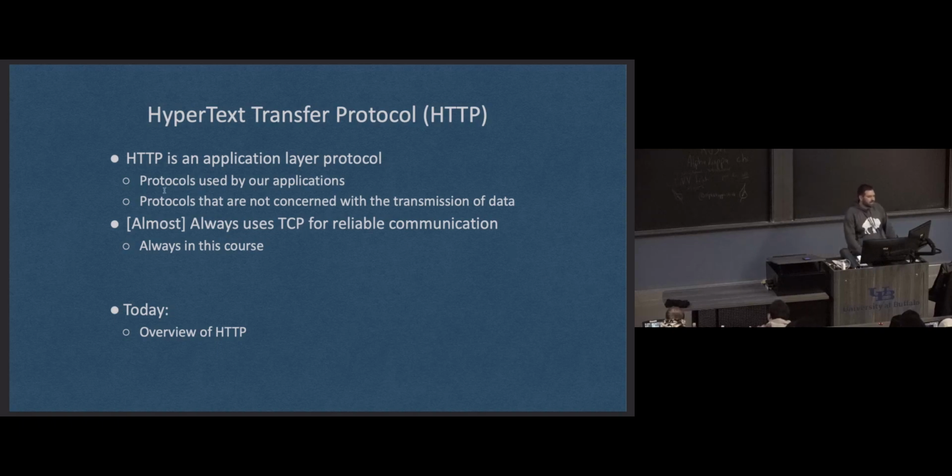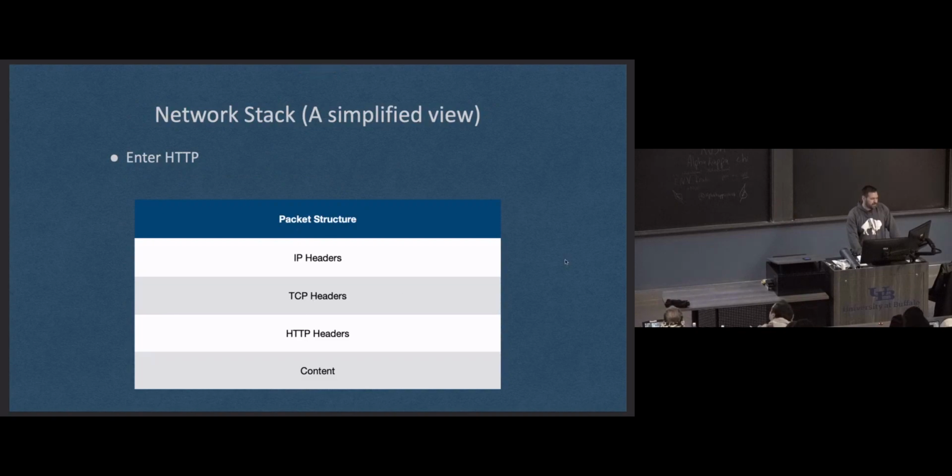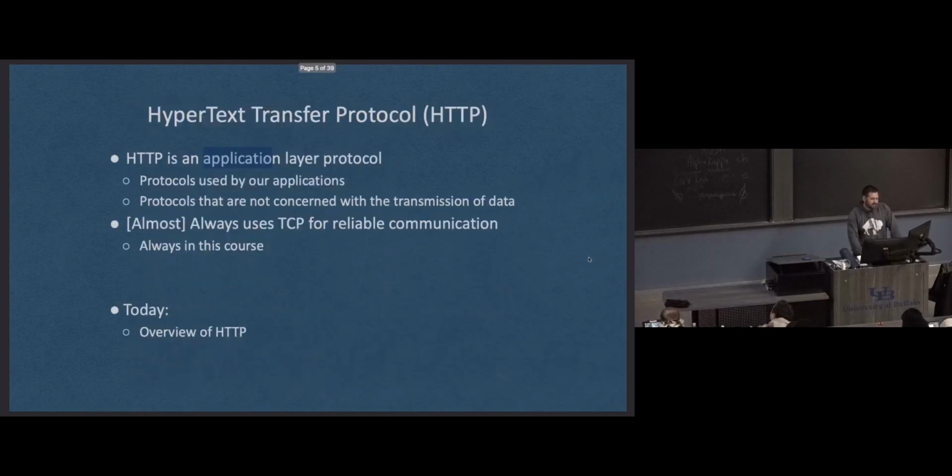So this is an application layer protocol as opposed to our IP and TCP, which I'm not going to try to remember all the layer names, but a lot of you probably know them, especially if you took modern networking concepts. You've dealt with the network stack a lot. This is an application layer protocol, which means that our applications that we write care about HTTP, where they don't necessarily care about TCP, and they almost certainly don't care about IP.